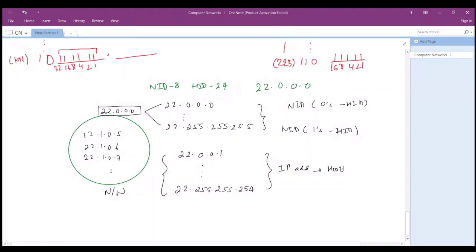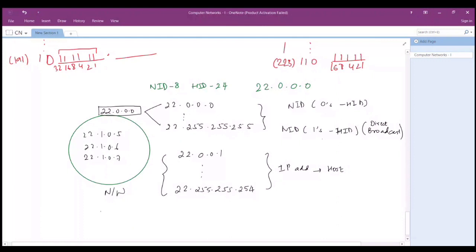Now, if we talk about the direct broadcasting address, the last ID that I told you, which has the network ID followed by the ones, this is reserved for broadcasting. Okay, and this is direct broadcast.